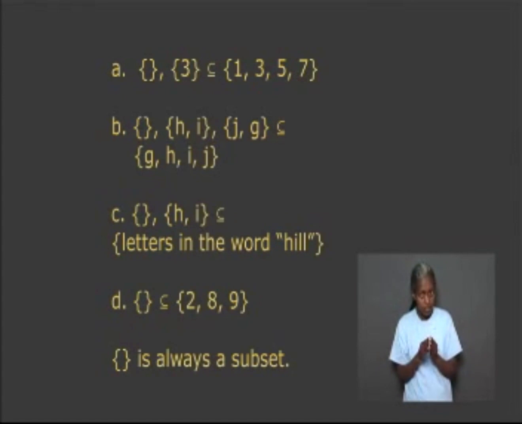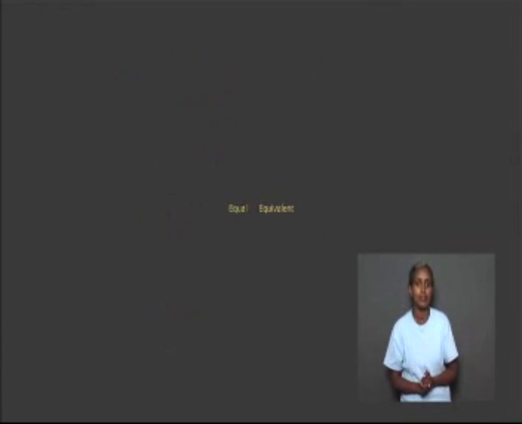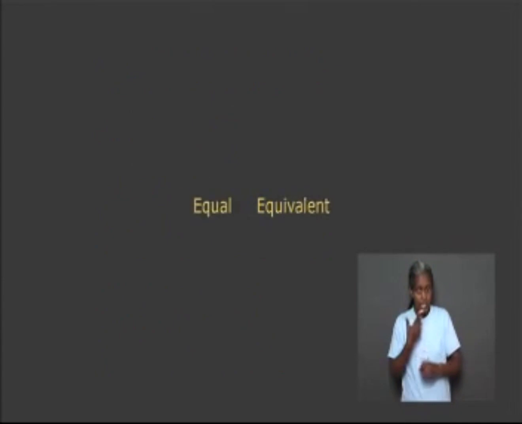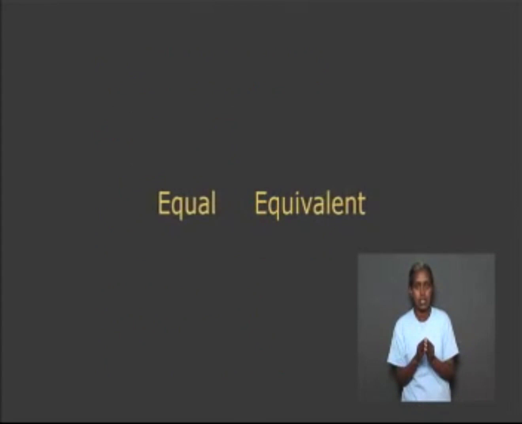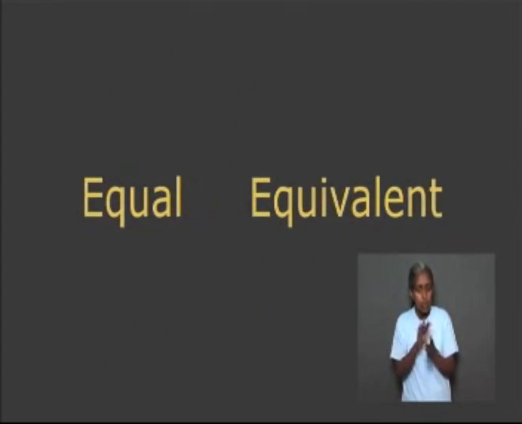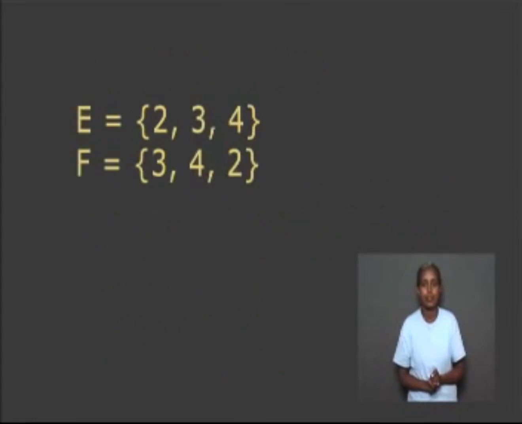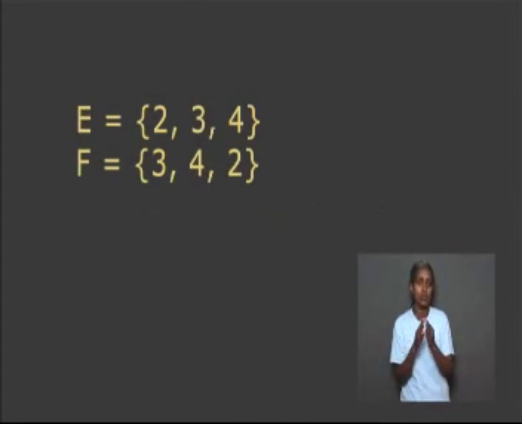Good work, students. When we compare the elements of 2 sets, it is important to distinguish between equal and equivalent sets. If 2 sets have exactly the same elements, they are equal.